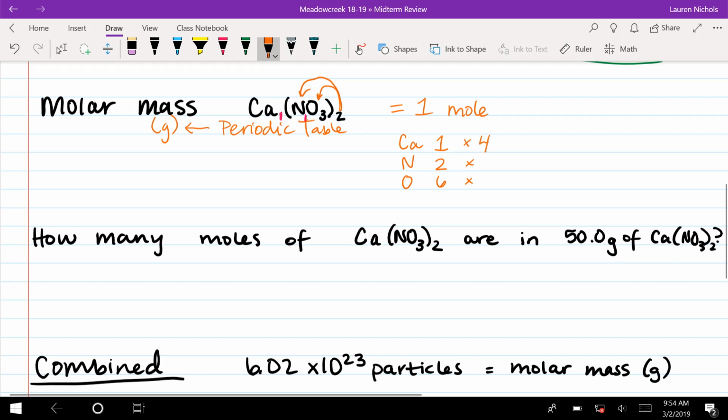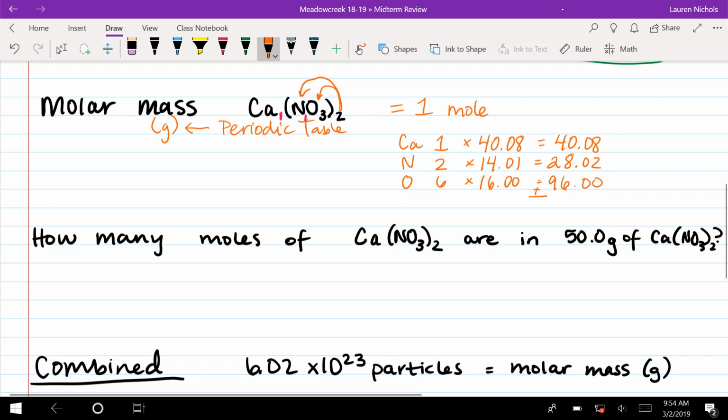So calcium is 40.08, nitrogen is 14.01, and oxygen is 16.00. So this will stay the same. 2 times 14.01 is 28.02, and 6 times 16 is 96.